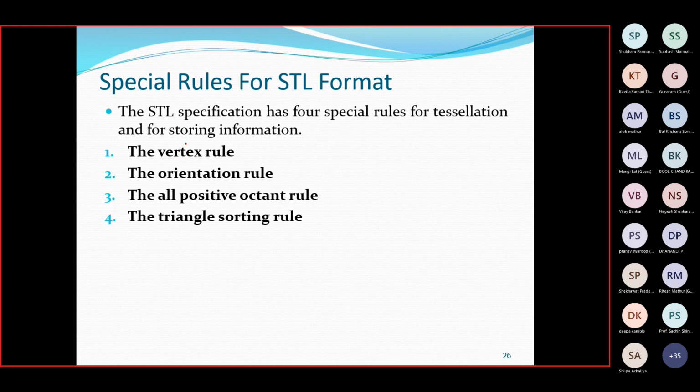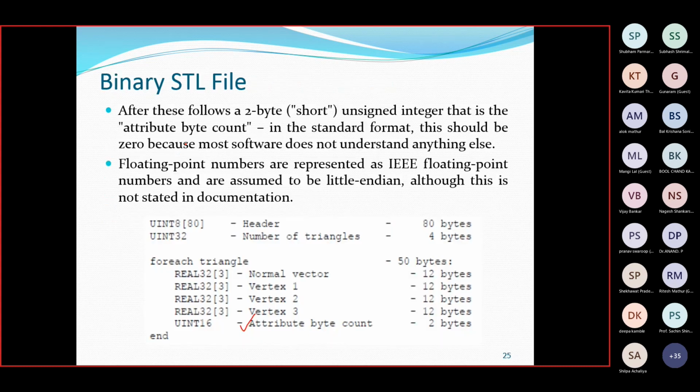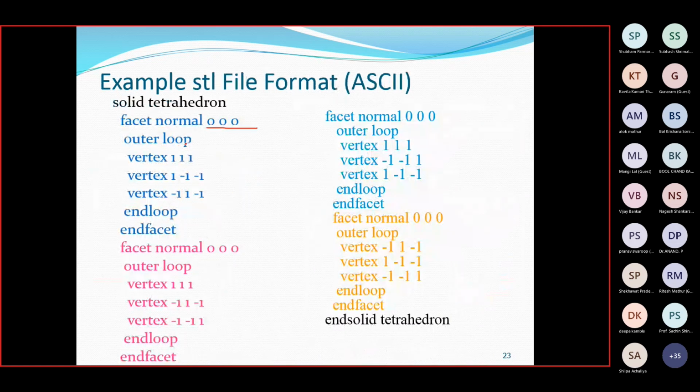Otherwise, you can write any STL file like I have written here. You can see this is using each and every concept of the ASCII file format, but it is not printable. This STL file has two major problems.